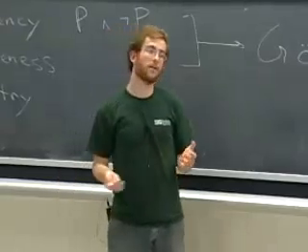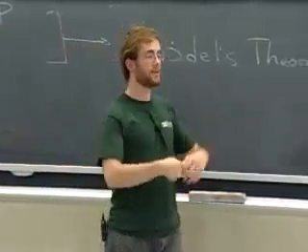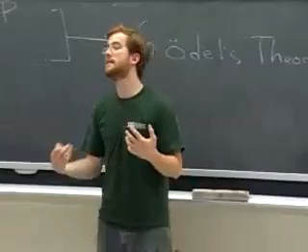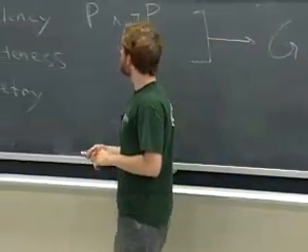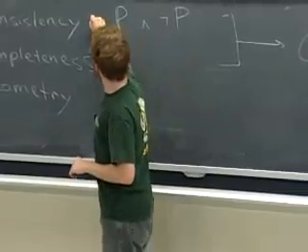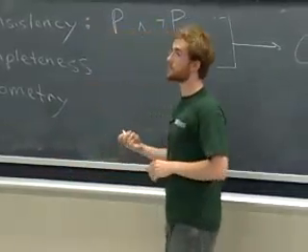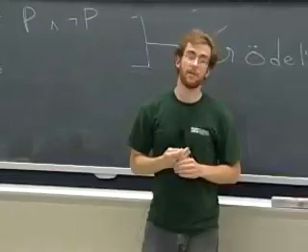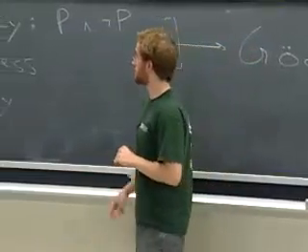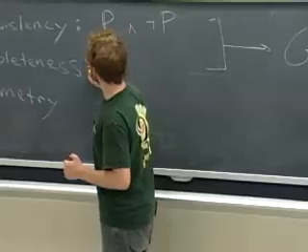Somehow, when you have a contradiction, everything goes haywire. You can derive anything, and problems abound. And this is one of the things which Gödel's two incompleteness theorems will tell us about.